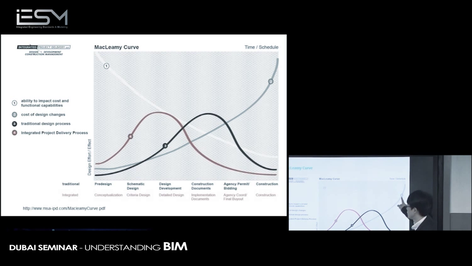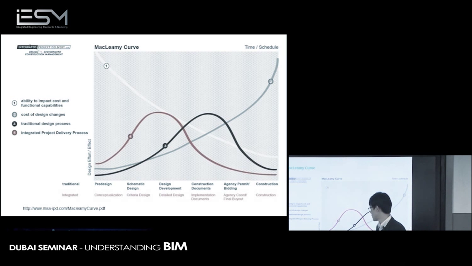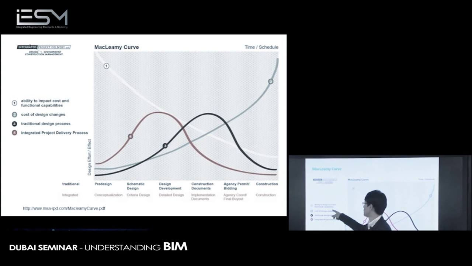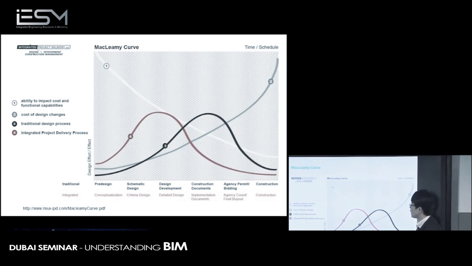But take a look at this number 2, cost of design change. When we change design in the schematic design stage, that is usual and no problem because we are still designing. What if we change our design when construction begins? The cost is going to increase dramatically. Number 1, ability to impact cost and functional capabilities, is going to shrink in this way.